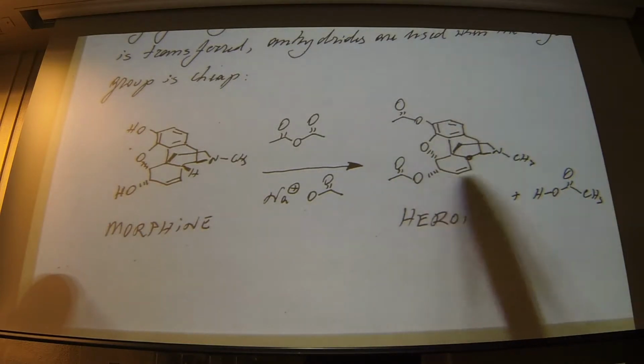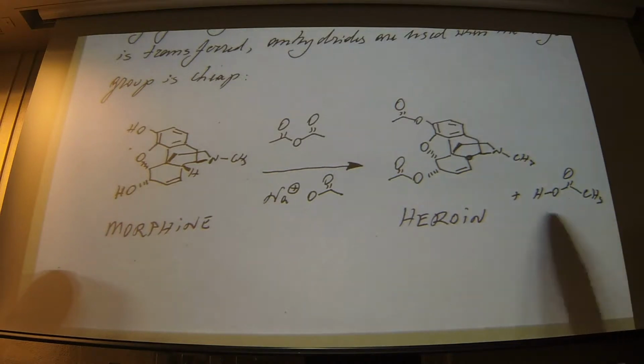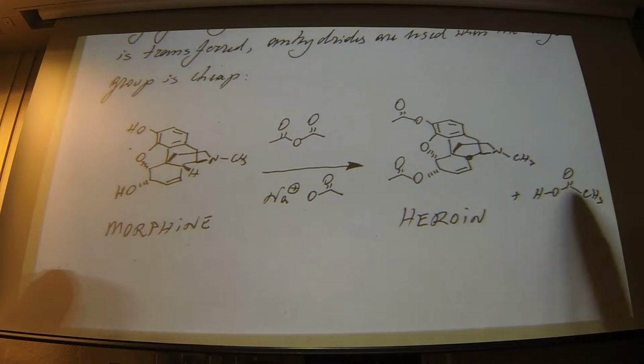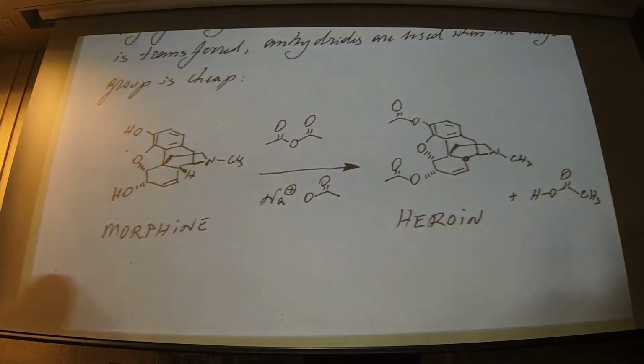And in the labs where they did that, they had a waste stream which had a lot of acetic acid in it. And so detection of that acetic acid in the sewer system led them to the labs where this chemistry was being done.